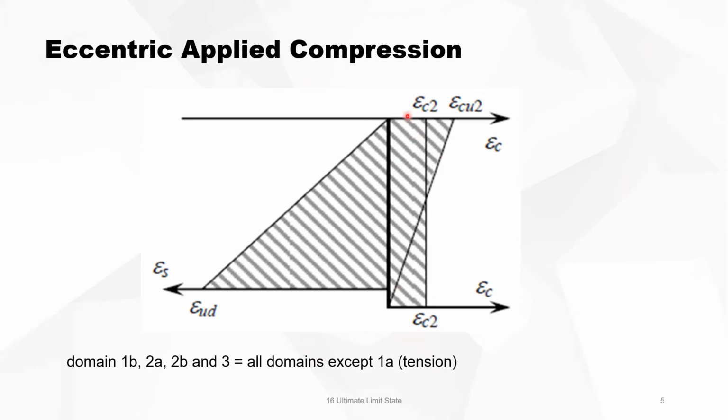On the right-hand side, once the section is completely in compression, then compression is dominant. We will see that to choose the right formula, we have to know if the section is bending dominant or compression dominant.